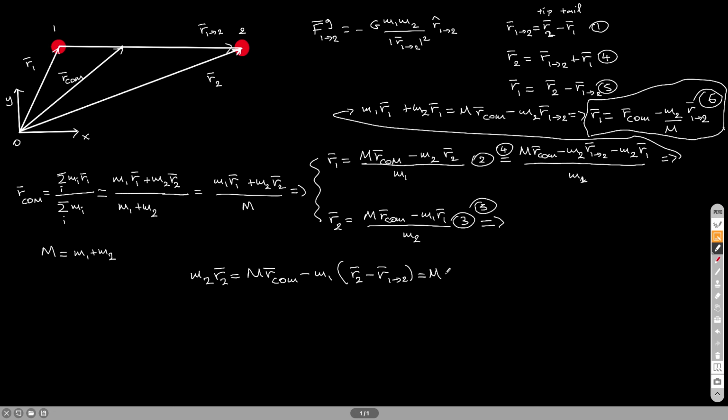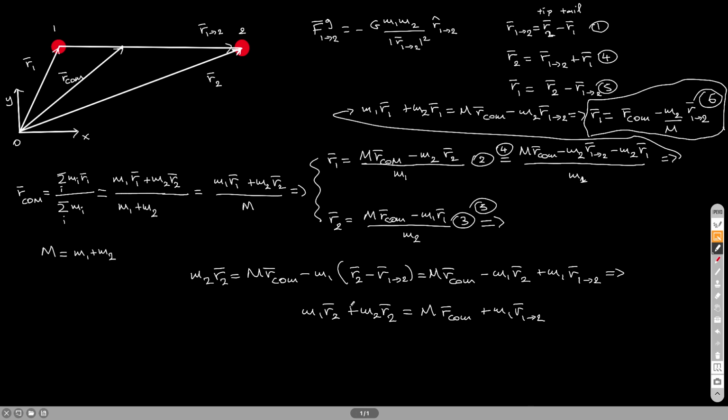And this will be the mass times the position of the center of mass minus m1 r2 plus m1, the relative position from 1 to 2. Now I will move this term to the left side. So I will have m1 r2 plus m2 r2 is equal to the big M, the position of the center of mass, and then plus m1, the relative position from 1 to 2.